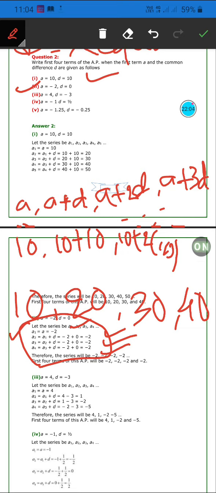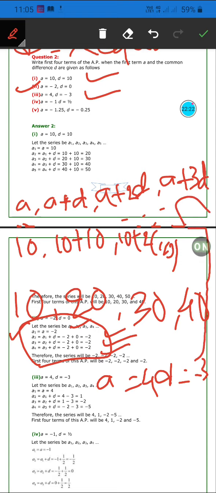Next, go through the third question. a is equal to 4, d equal to minus 3. Write simply a equal to 4, d equal to minus 3. So put this value in this formula: a, a plus d, a plus 2d, a plus 3d. Or simply follow this pattern.